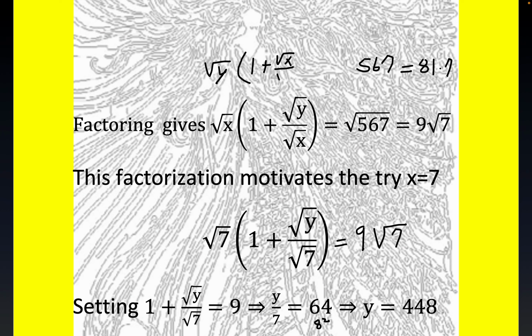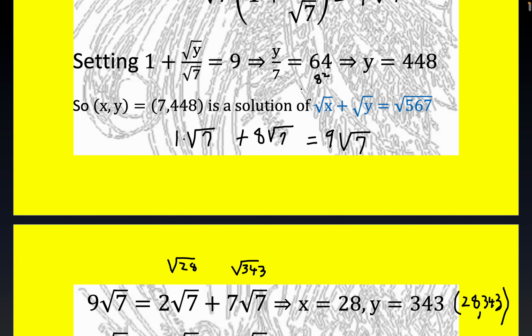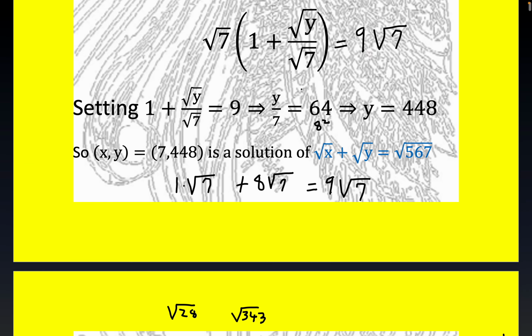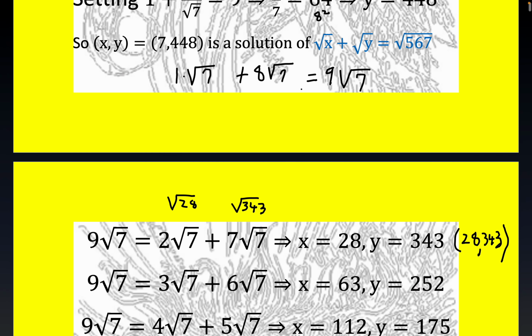It doesn't make any difference which variable we factor out. Not only is 28, 343 a solution, but 343 and 28 would also be a solution.